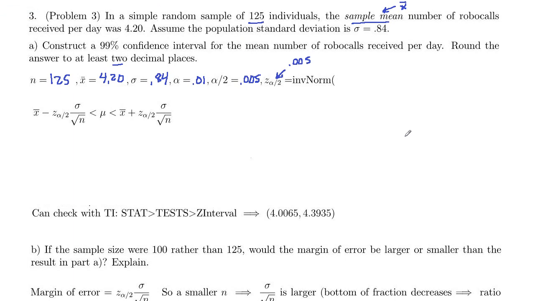So that means if you look at that z value, it's over here, and 0.005 is the area to the right. Inverse norm uses left areas, so 1 minus 0.005 is 0.995 is the left area. So you want to do inverse norm of 0.995. And then mean and standard deviation by default are 0 and 1.